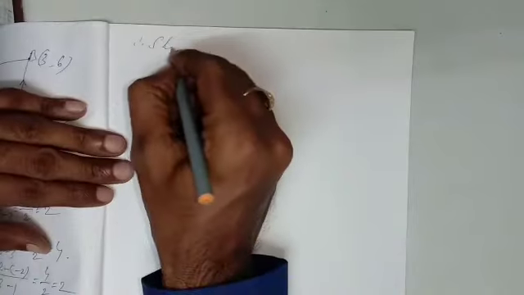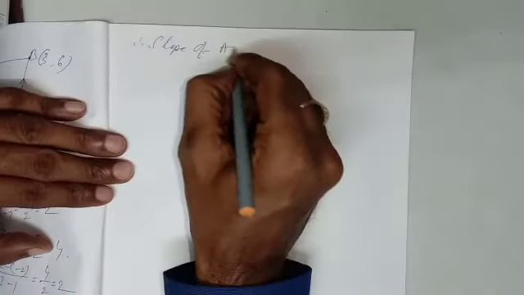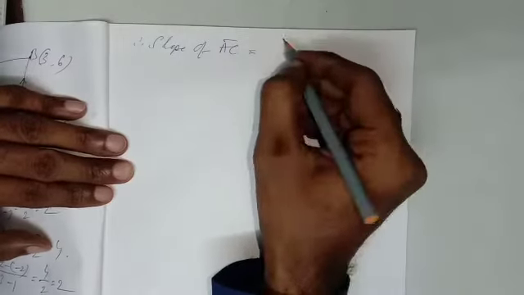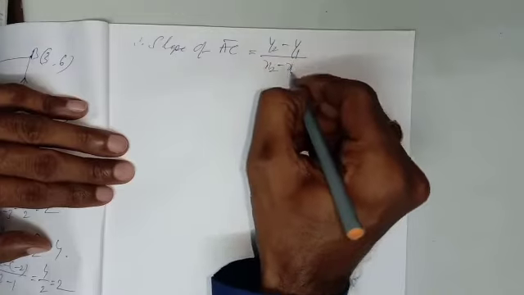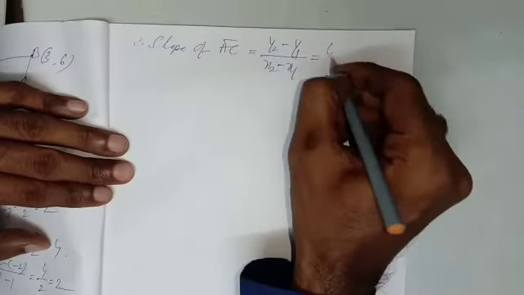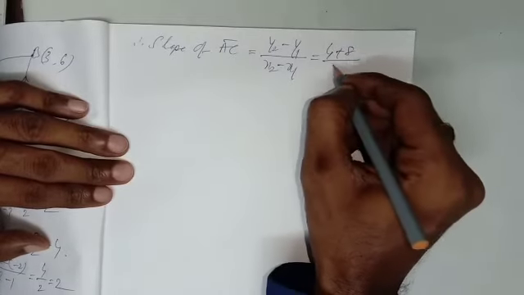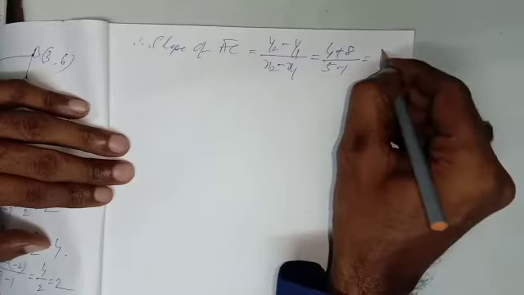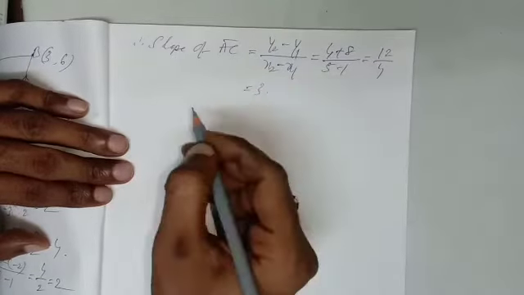Therefore, slope of AC is how much? Your formula is y2 minus y1 by x2 minus x1. Here y2, that is 4 plus 8 by 5 minus 1. This is coming 12 by 4, which is equal to 3.